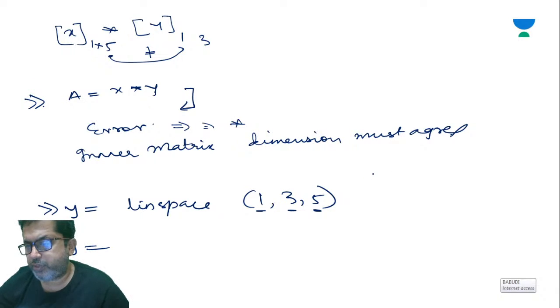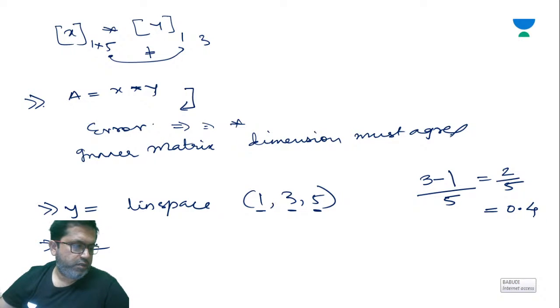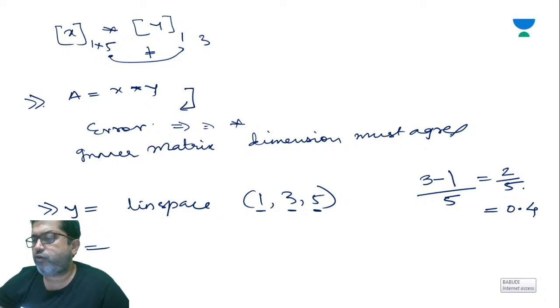Dividing the last value minus the first value by 5 numbers gives 2 by 5, which is 0.4. This is for 5 values.